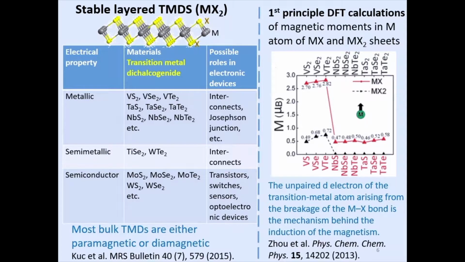If you categorize the metallic TMDs, there are many of them, for example, VS2, VSe2, and VTe2. In terms of semiconductor, the most famous one is probably molybdenum disulfide and so forth. They have a lot of applications, interconnect and Josephson junction for the metallic ones. For the semiconductor ones, there are also a lot of applications.